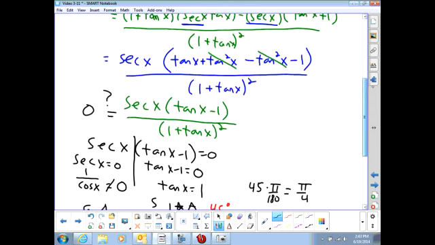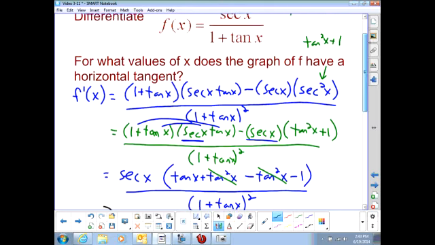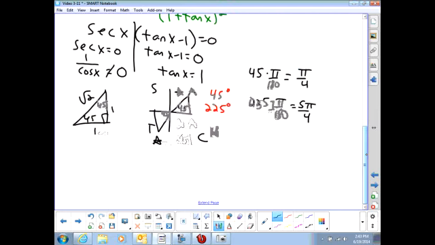Well, they want to know all of the values where it'll have a horizontal tangent line. These are where it will make it 0, but also if you just keep going around 360, it'll make it 0 as well. So we could have pi over 4 and just keep adding 2 pi on. And we say 2 pi n because we could do any multiple of 2 pi. And we'll have 5 pi over 4 plus 2 pi n.